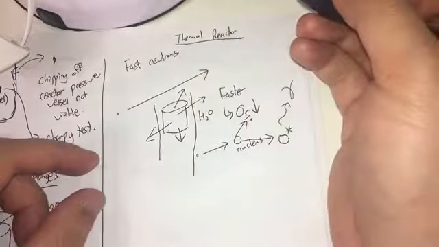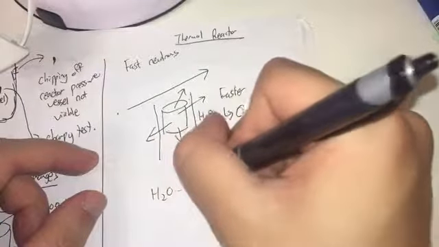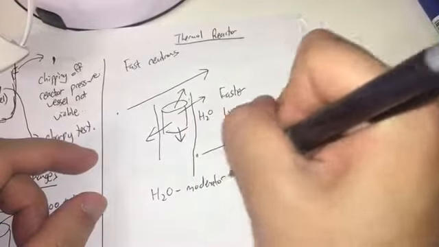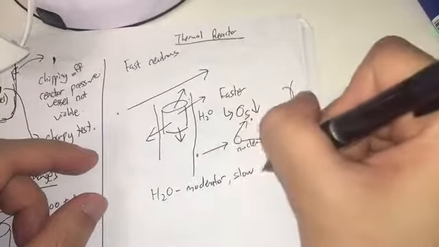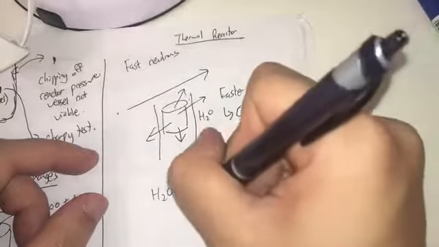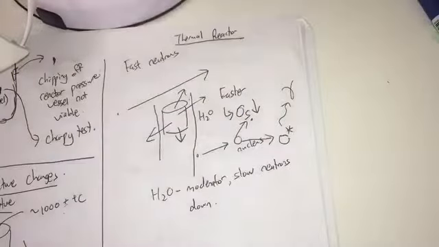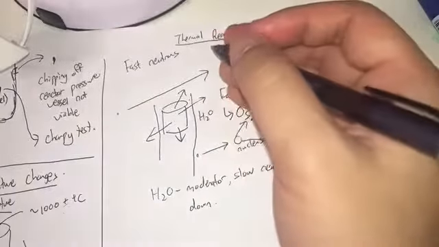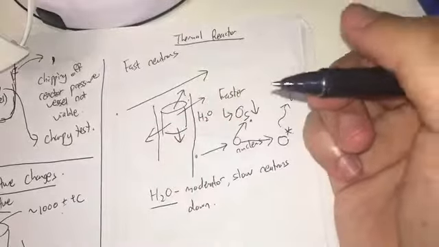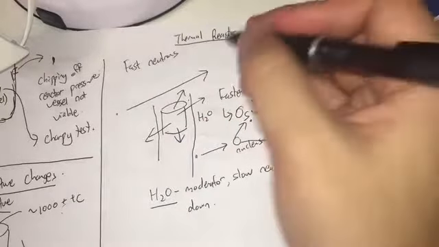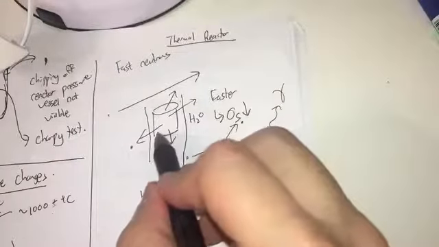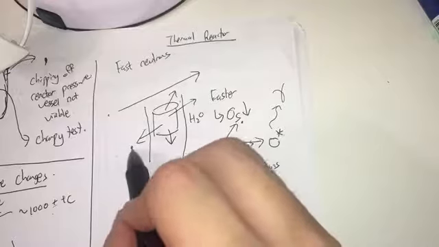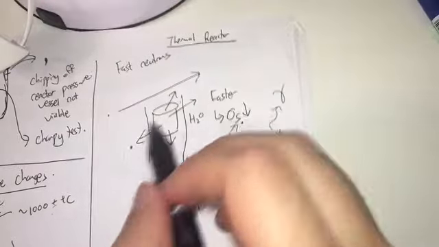Well, water is what we call a moderator, and its main job is to slow neutrons down. Of course the water is a coolant that is supposed to bring heat away, but in a light water reactor, the water also serves a dual purpose and is meant to slow down the neutrons. So when the fast neutron escapes the fuel, it becomes thermalized and then it goes back.